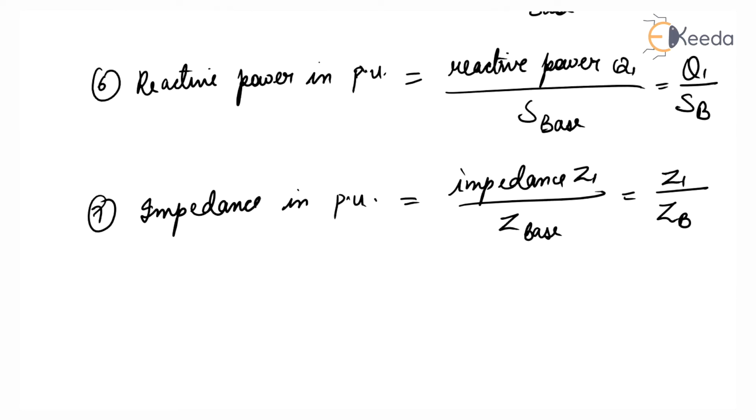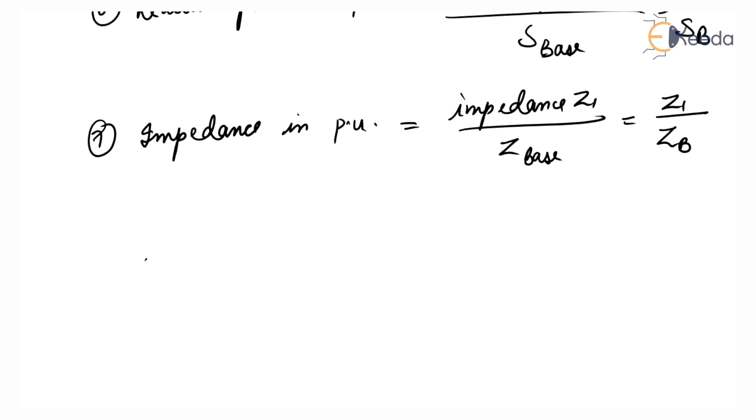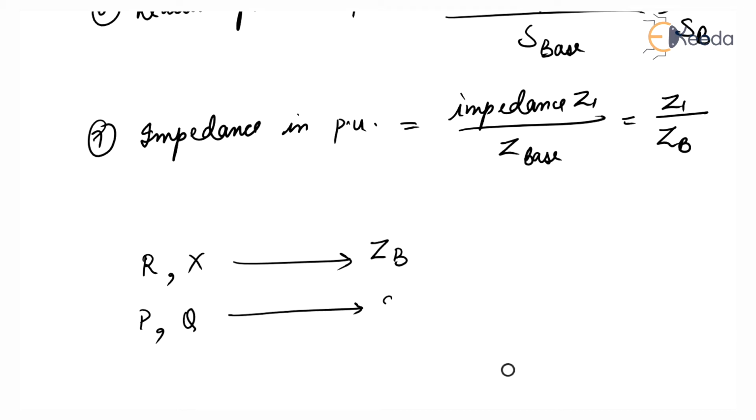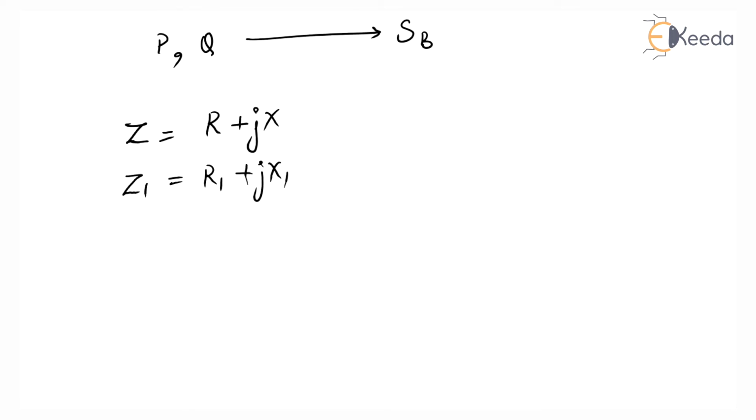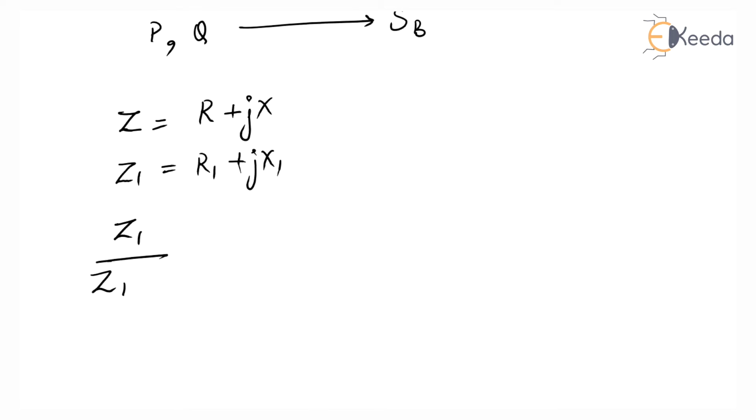So we'll choose one base for the system, and according to that we will convert all the parameters in per unit. For resistance and reactance, we use Z base, and for active power and reactive power we use S base. Z is equal to R plus jX. So Z1 is equal to R1 plus jX1, and Z1 upon Z base is equal to R1 plus jX1 upon Z base.